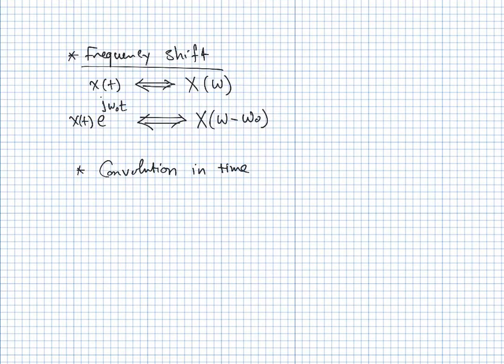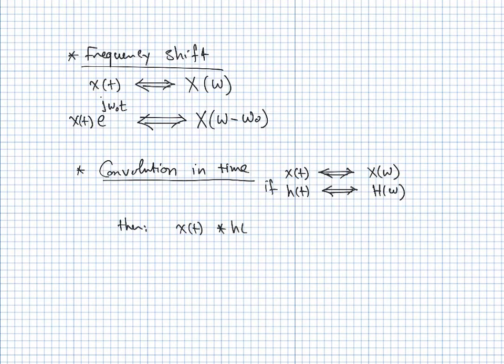So if I have x of t, which has a Fourier transform x of omega, and I have another signal h of t, or maybe a system representation or whatever, that has a Fourier transform capital H of omega, then x, so this is the f part, then okay, x of t convolved with h of t is gonna change into product in frequency domain. So x of omega multiplied by h of omega.